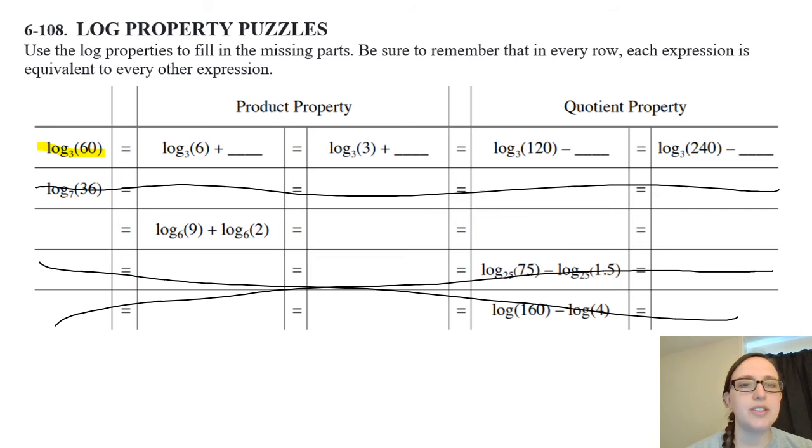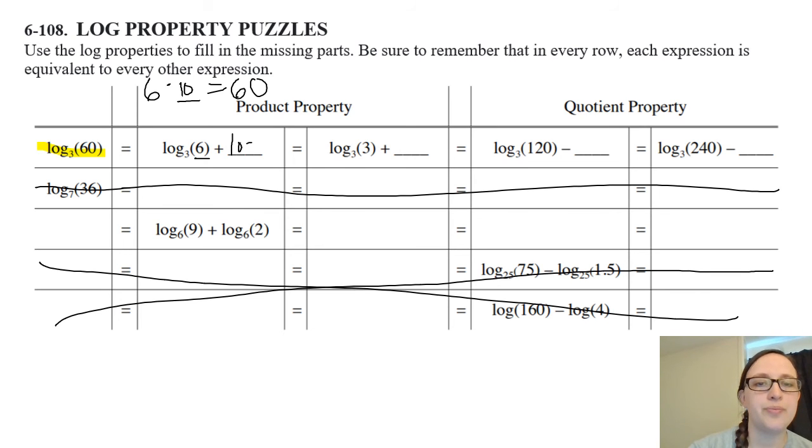Log base 3 of 6 plus means that we need to multiply something inside of the log. So 6 times what would equal back to 60? It should be 6 times 10. That one should be pretty easy. 6 times 10 we know equals 60. So this is log, the base should still be 3, of 10.